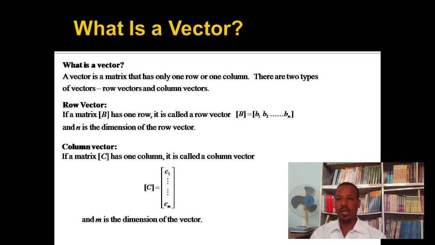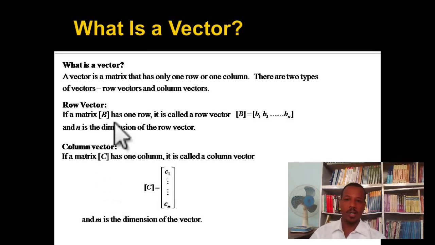The first one is a vector. A vector is a matrix that has only one row or only one column. So we have two types of vector matrices: the row vector and the column vector.